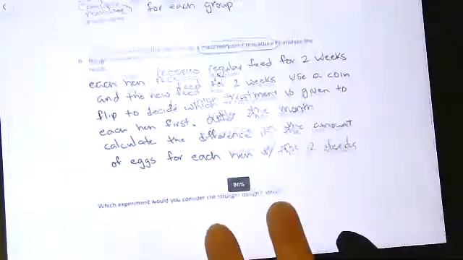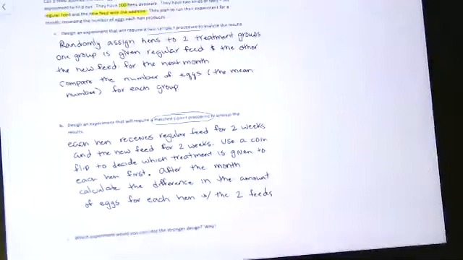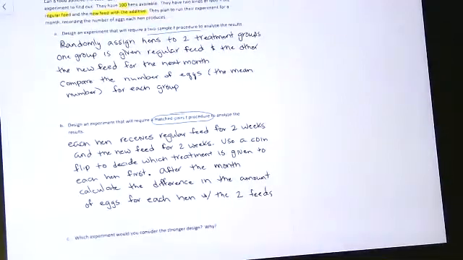Okay, last question. Which one do you think has a stronger design? So which one do you think would be better? Remembering that with an experiment, what we want to do is control outside confounding factors as much as we can. So which one do you think does a better job of that?